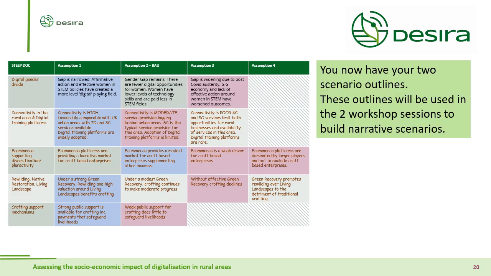You now have your 2 scenario outlines. These outlines will be used in the 2 workshop sessions to build narrative scenarios. You'll notice that not all the assumptions have been selected. The objective isn't to be exhaustive, but provide contrasting stories, for example, better not best and worse not worst.